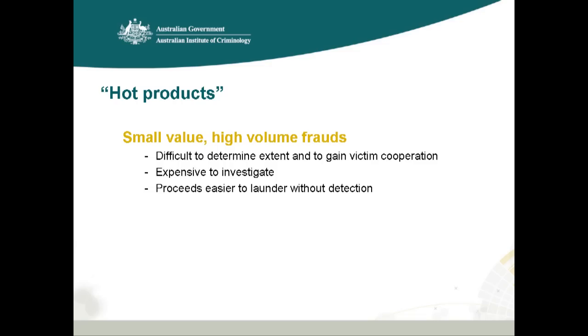Traditionally, law enforcement focuses appear to be on high value but low volume type offences. Focusing attention on hot products or those targets that are most attractive may have comparable benefits in the long term. So, for example, offenders may concentrate on small value, high volume offences as law enforcement face considerable challenges in investigating these types of offences.